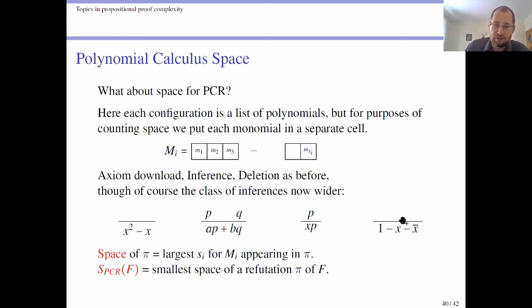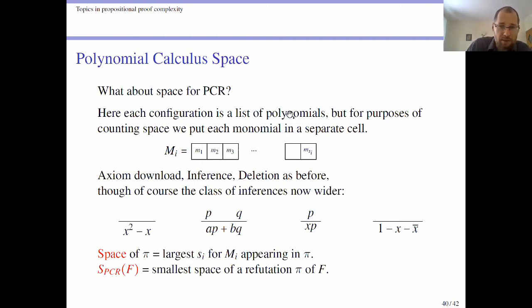And in the version that simulates resolution, the more reasonable version, you also have a formal variable negated x bar for every x, and you just have these additional complementarity axioms that tell you that x and x bar are both Boolean, of course, and they sum up to 1. So exactly one of them is going to be 1.